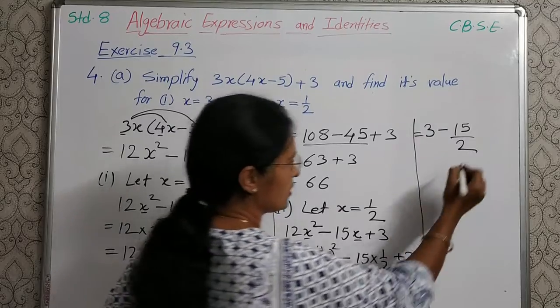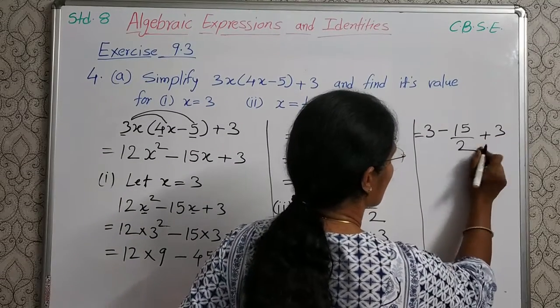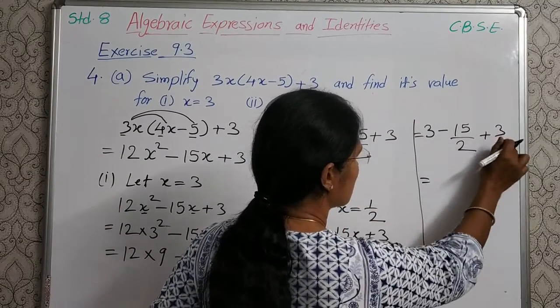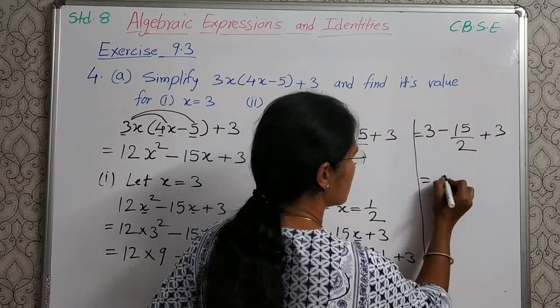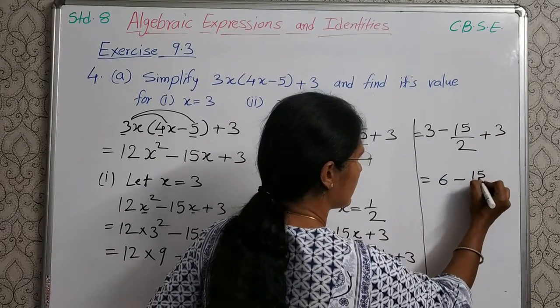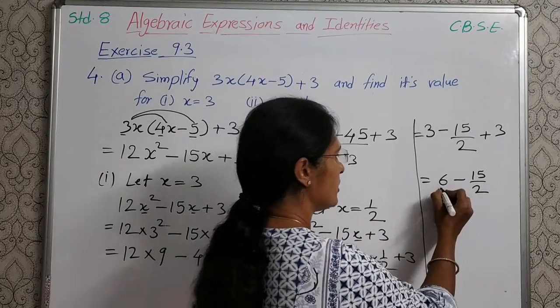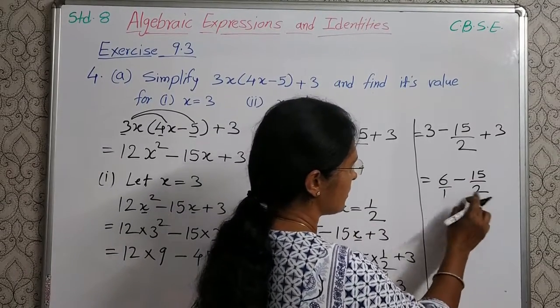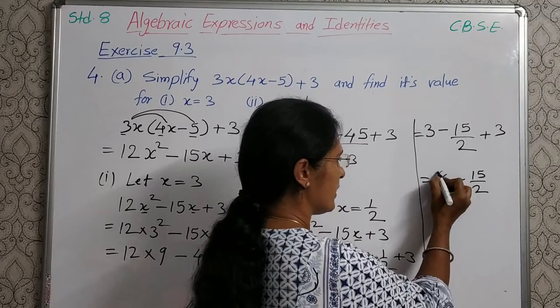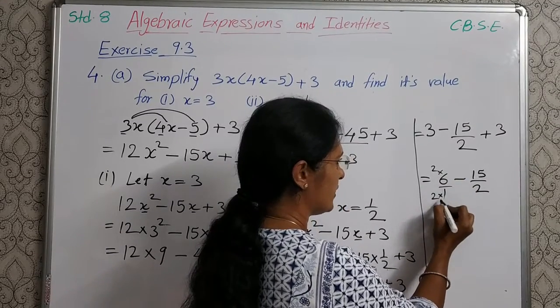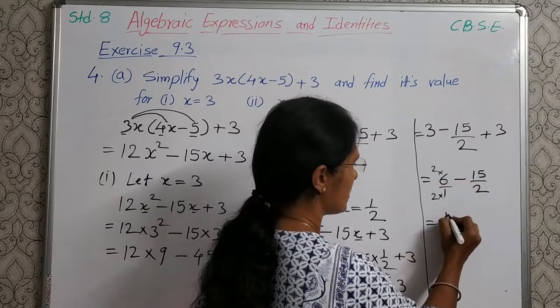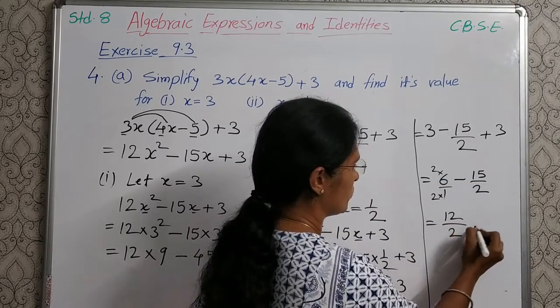Then plus 3. Now we'll add this 2 first. 3 plus 3 is 6 minus 15 by 2. Now see here the denominator is 1. So find the LCM. LCM is 2. So multiply here by 2 and here also by 2. Now 2 6s are 12. 2 1s are 2.